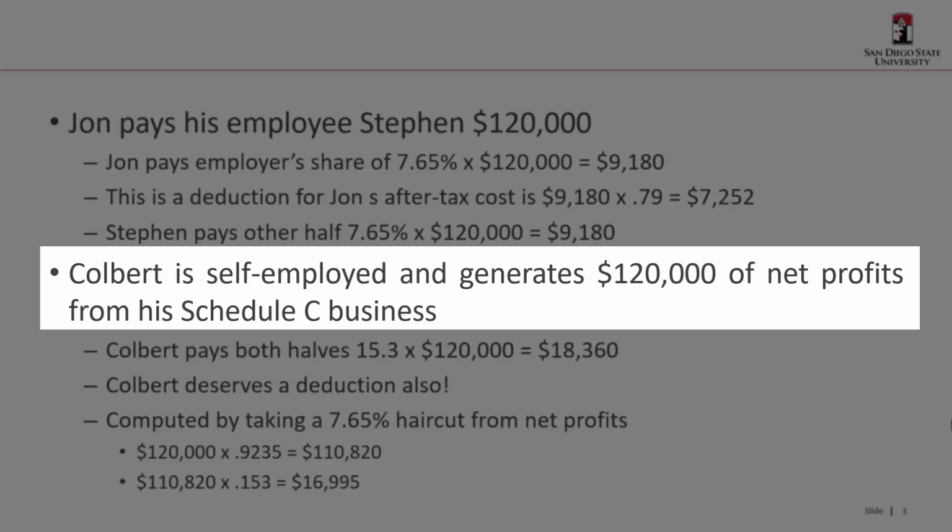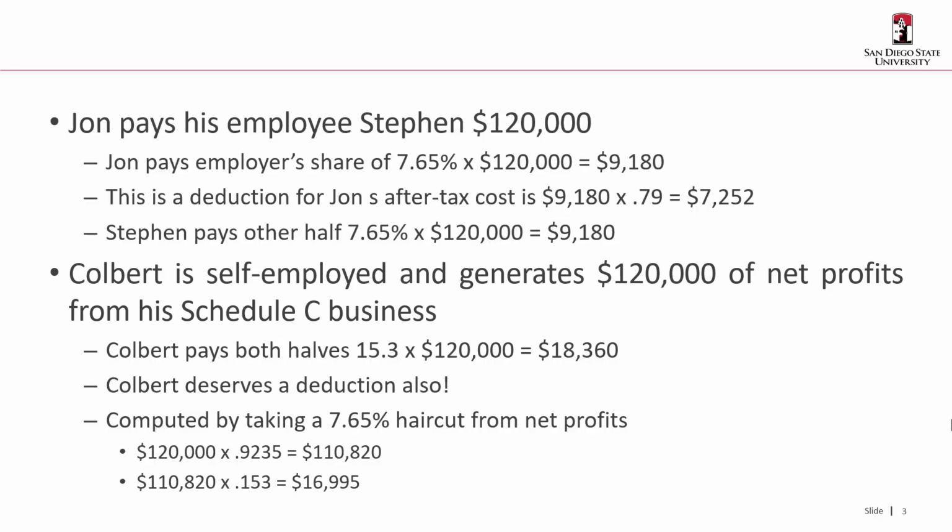So if Colbert is instead self-employed and generates $120,000 of net profits from his Schedule C business, Colbert pays both halves, 15.3% times $120,000, that's $18,360. But the self-employed deserves the same sort of deduction that John deserved when he paid those taxes. The way that works out is the first thing you do is you take a 7.65% haircut from net profits.